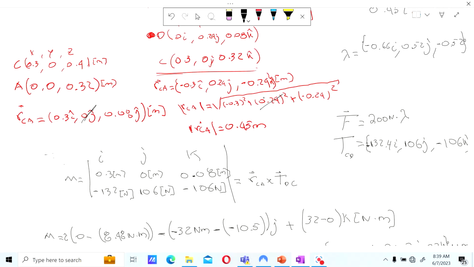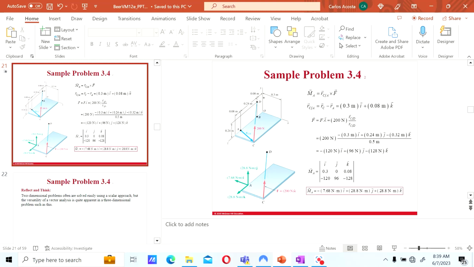Whoops, so if I do square root of 0.3 squared plus 0.25 squared, square root of, this one is RCA, is 0, 0.3 and 0.8.